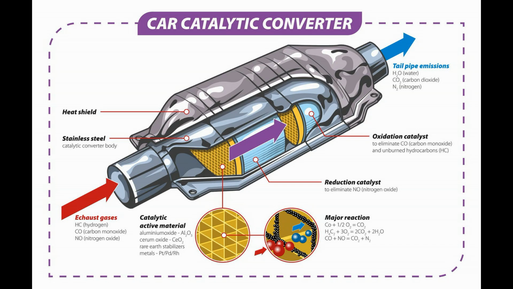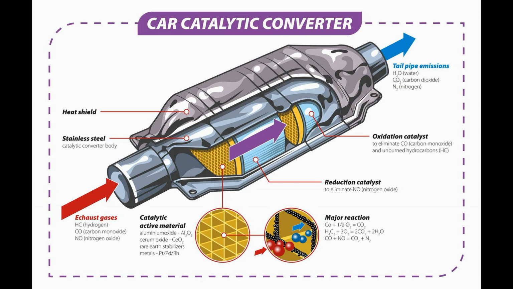And so how it works, the converter contains a catalyst inside, with precious metals, specifically platinum, palladium, and rhodium, and it's coated on a honeycomb substrate structure. You'll see honeycombs inside, and typically it's a ceramic material all around.